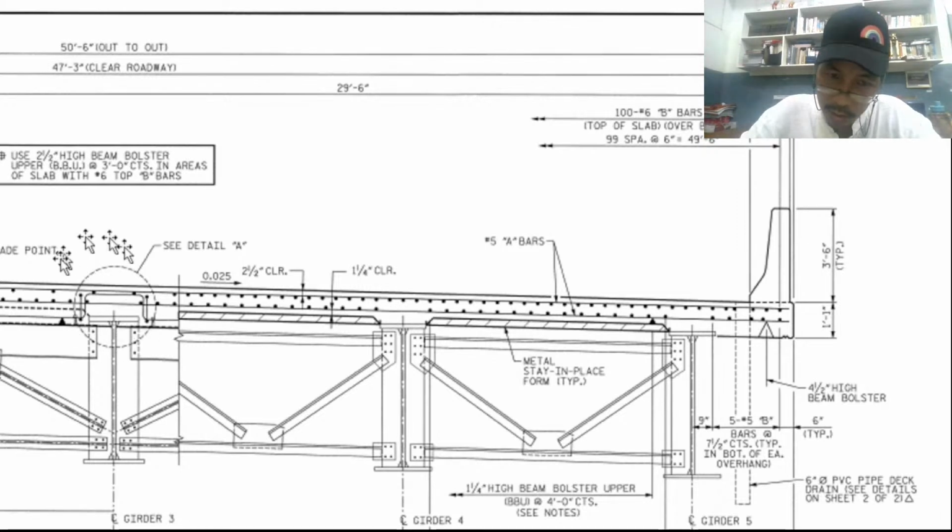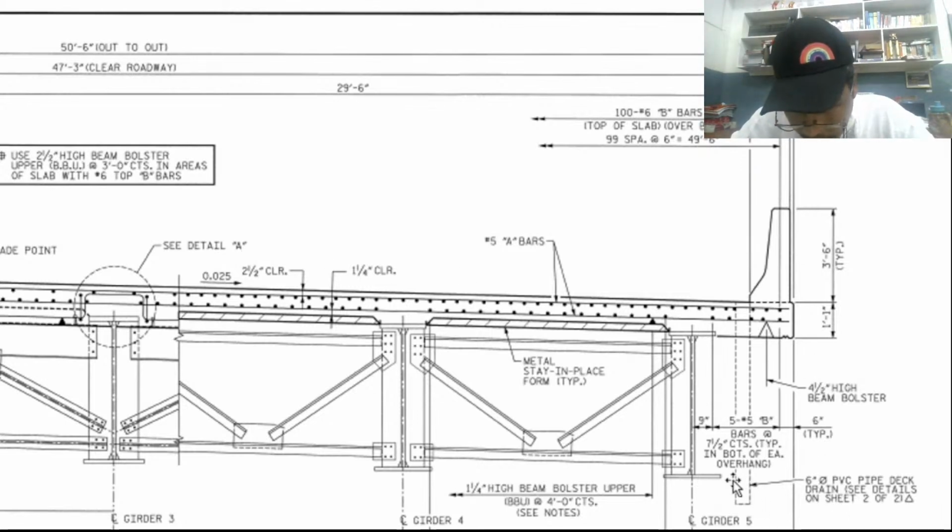And then we will look at the details. Detail A. So, next information here, 9 inches. That also involves the location of the reinforcement, meaning placing all the reinforcement.